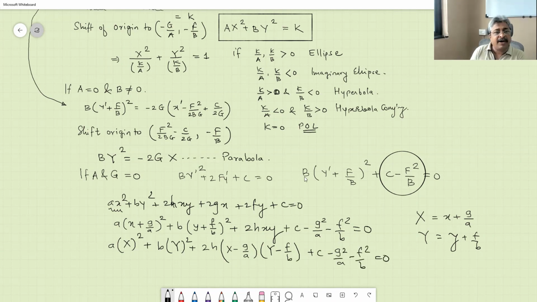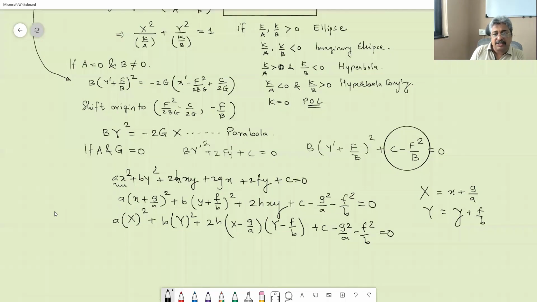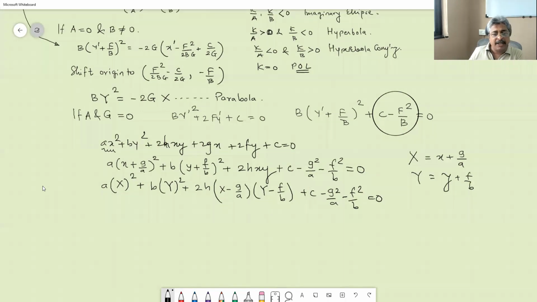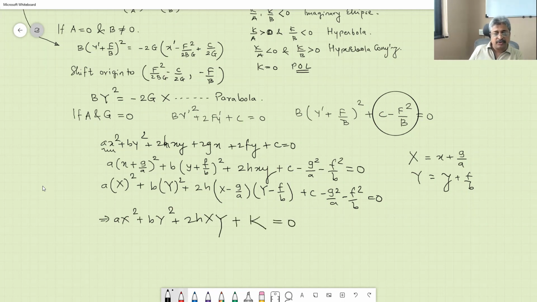Now you understand what I am trying to do here: I am just shifting the origin to minus g by a, minus f by b, and trying to look at this expression. We end up getting a capital X square plus b capital Y square plus 2h capital XY, and what remains is your constant, equal to 0. Do you understand now?